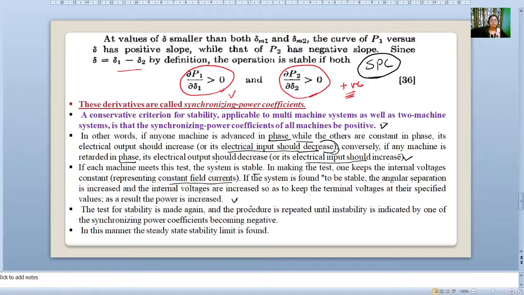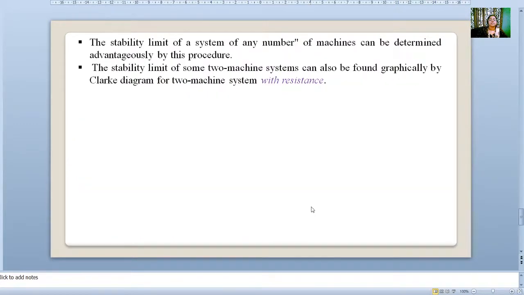The test of stability is made again and the procedure is repeated until instability is indicated by one of the synchronizing power coefficients becoming negative. The system is stable until the synchronizing power coefficient of any one machine is negative. In this manner the steady state stability limit of a multi-machine system is found.